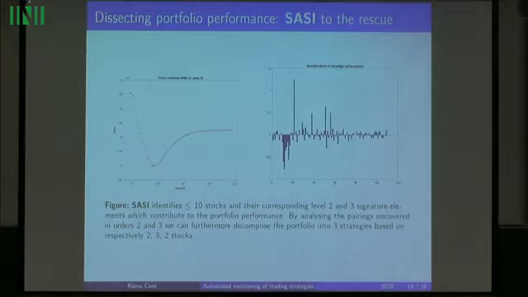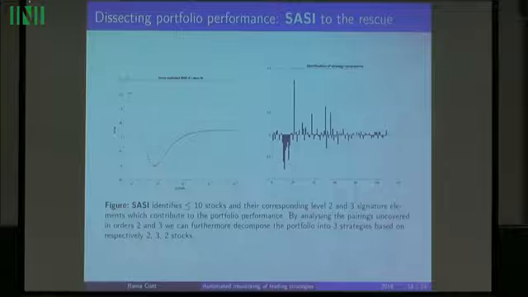So what you see is on the right. What you see is the coefficients in the lasso regression. So you see that most of the coefficients are very close to zero. It identifies a handful of coefficients corresponding to less than 10 stocks. So it says that the performance is mainly concentrated on less than 10 stocks.